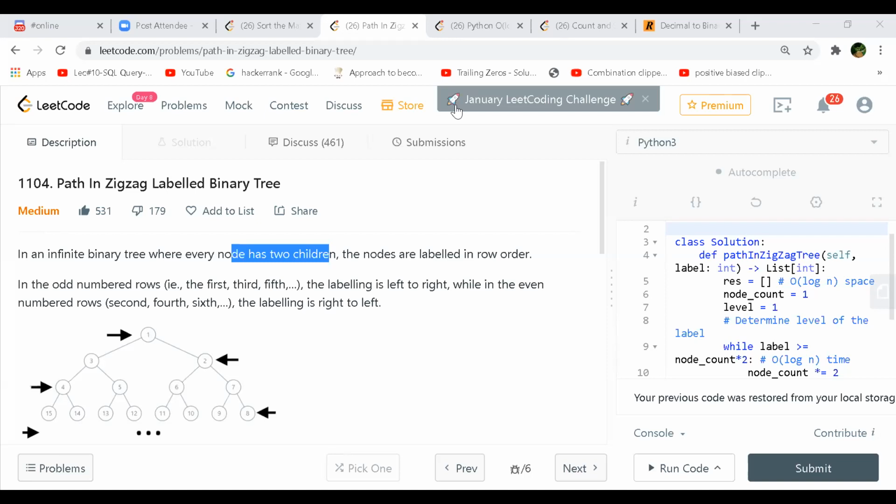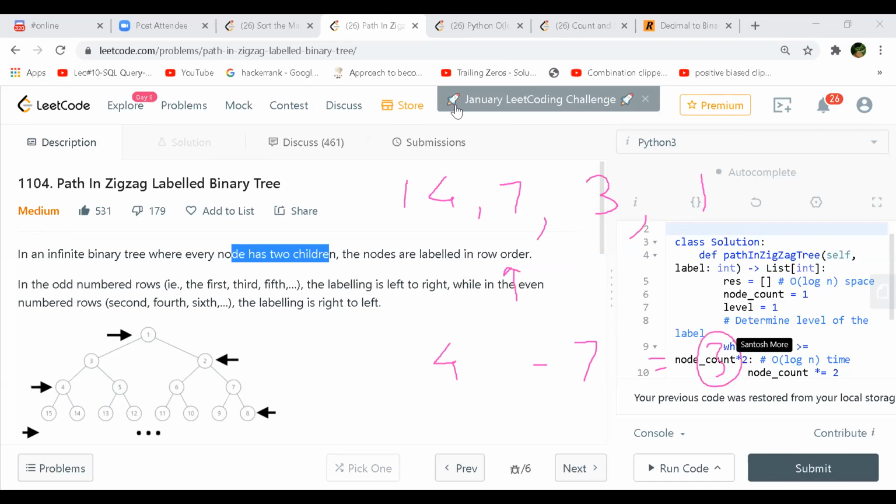So if I go first to 14, then I will have 7, and then 3, and then 1. When I come to 7, I know that this one is from 4 to 7. So then I will take a difference.